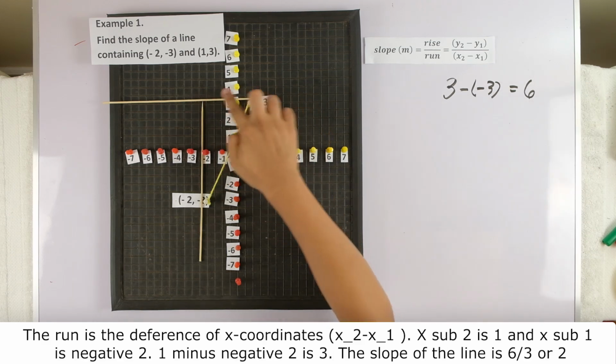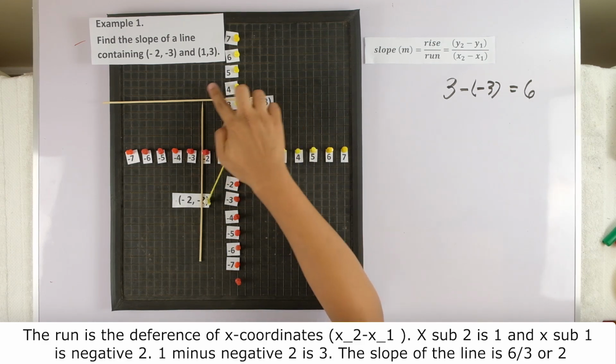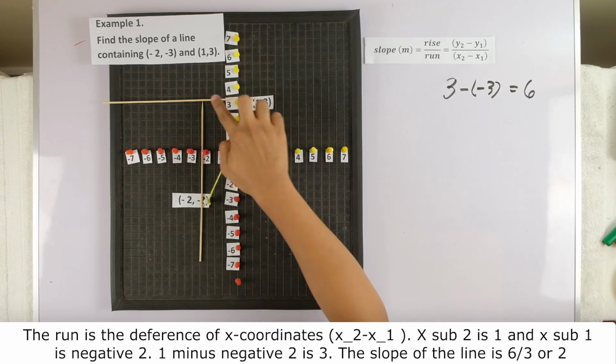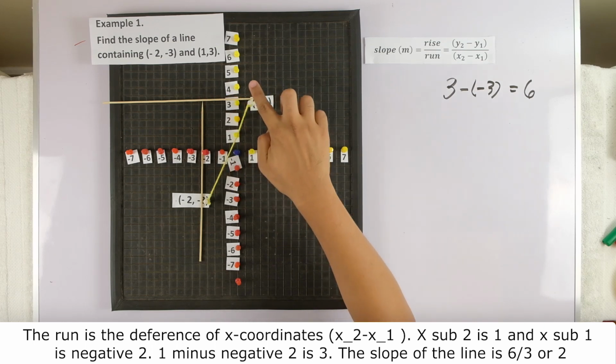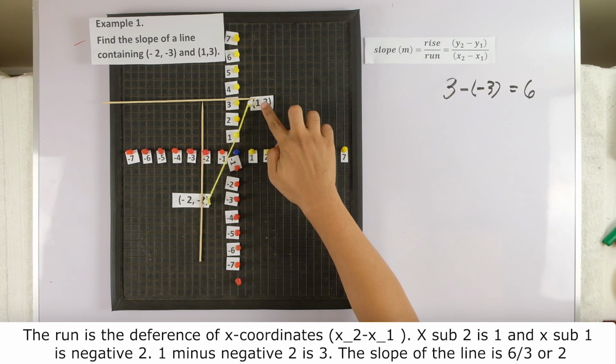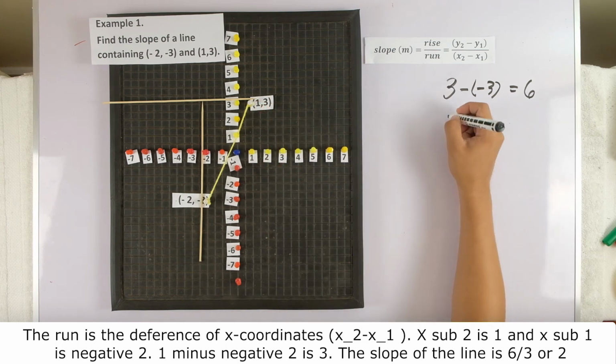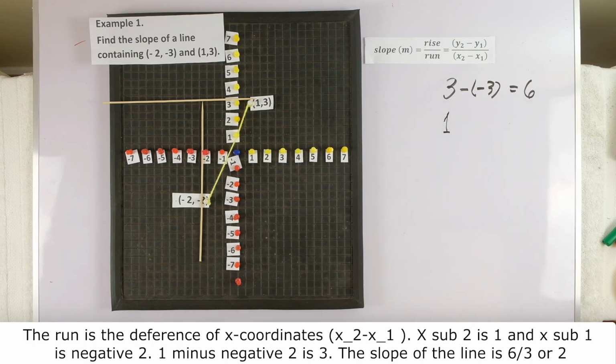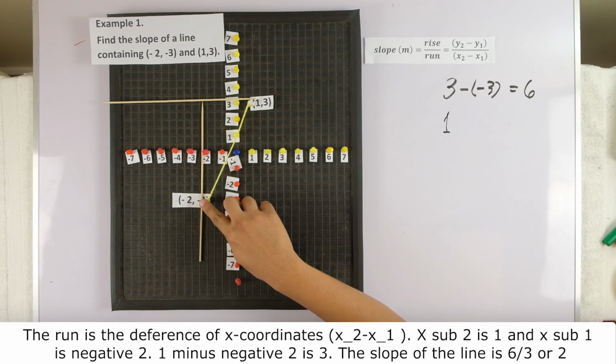The run is the difference of x coordinate, x sub 2 minus x sub 1. X sub 2 is 1, and x sub 1 is -2.